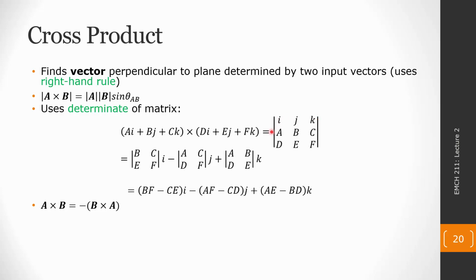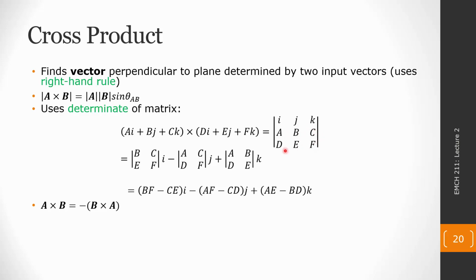Then the second row is going to be the coefficients of the first vector in the cross product. So the coefficient in front of the I, the J, and the K. Notice that in this I column, this J column, and K column, A is the coefficient in front of I, B in front of J, C in front of K. So A, B, and C are scalar values.